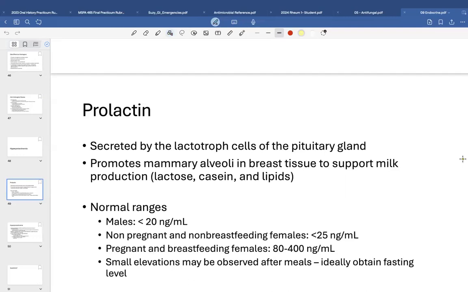With hyperprolactinemia, we usually think of some sort of tumor, like an adenoma, that causes increased prolactin secretion. Less commonly, or actually potentially more commonly but less of a long-term issue, is drug-induced prolactin elevation. Because prolactin and dopamine are linked, drugs that block dopamine actually increase prolactin.